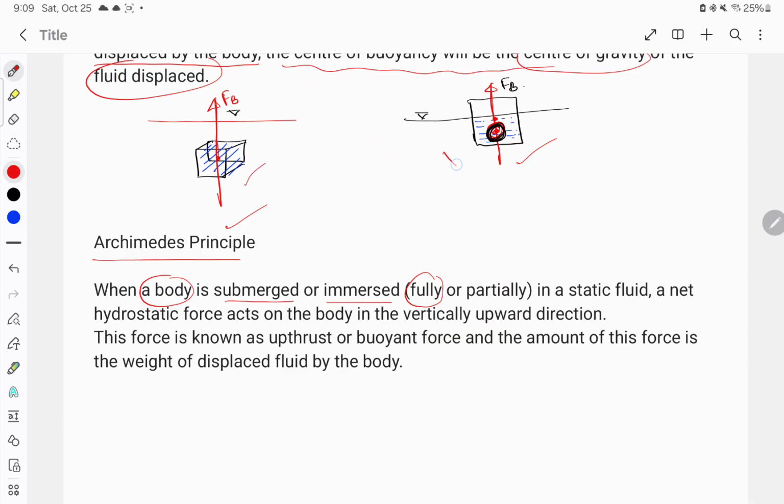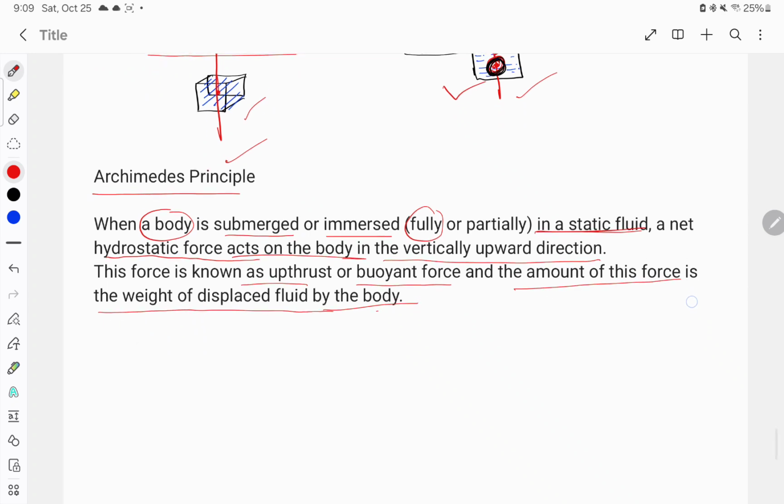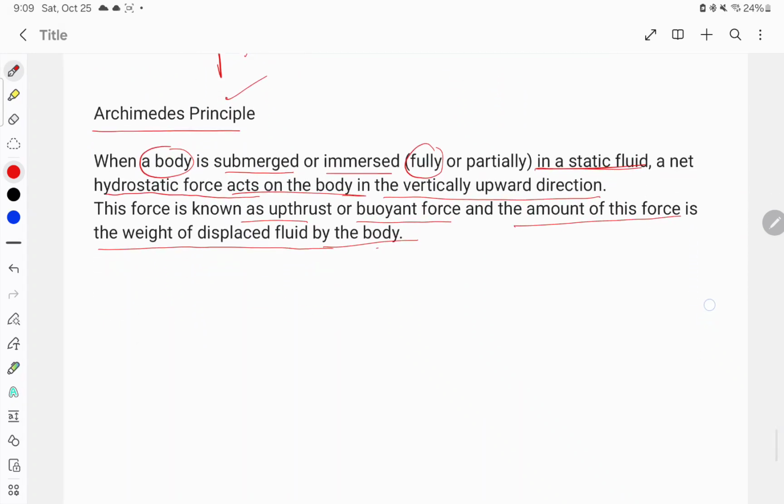This is fully submerged and this is partially submerged. In a static fluid, a net hydrostatic force acts on the body in the vertically upward direction. This force is known as upthrust or buoyant force, and the amount of this force is equal to the weight of the fluid displaced by the body. So it is saying the same thing that we have studied right now.